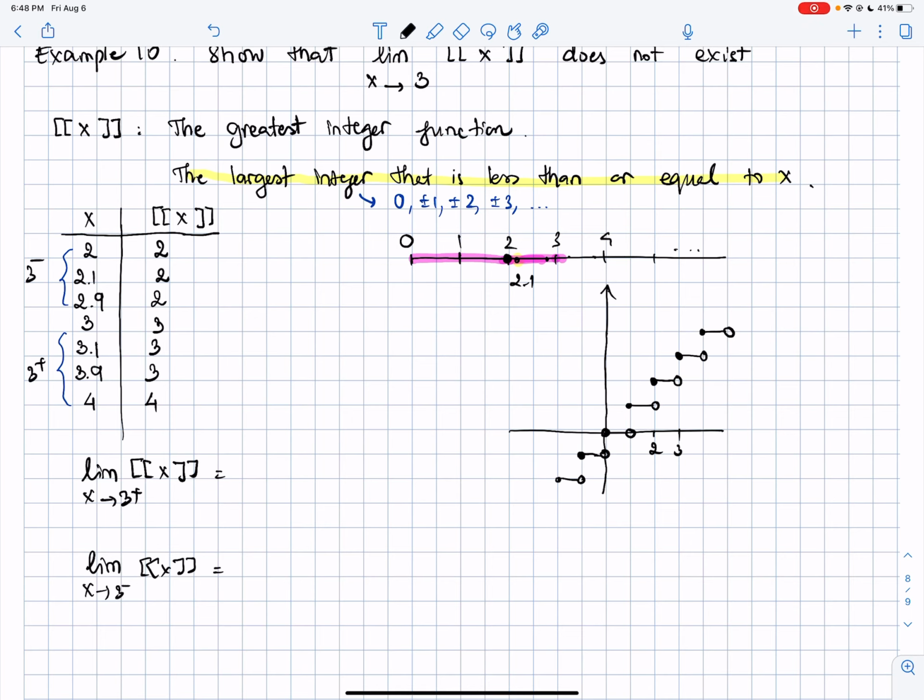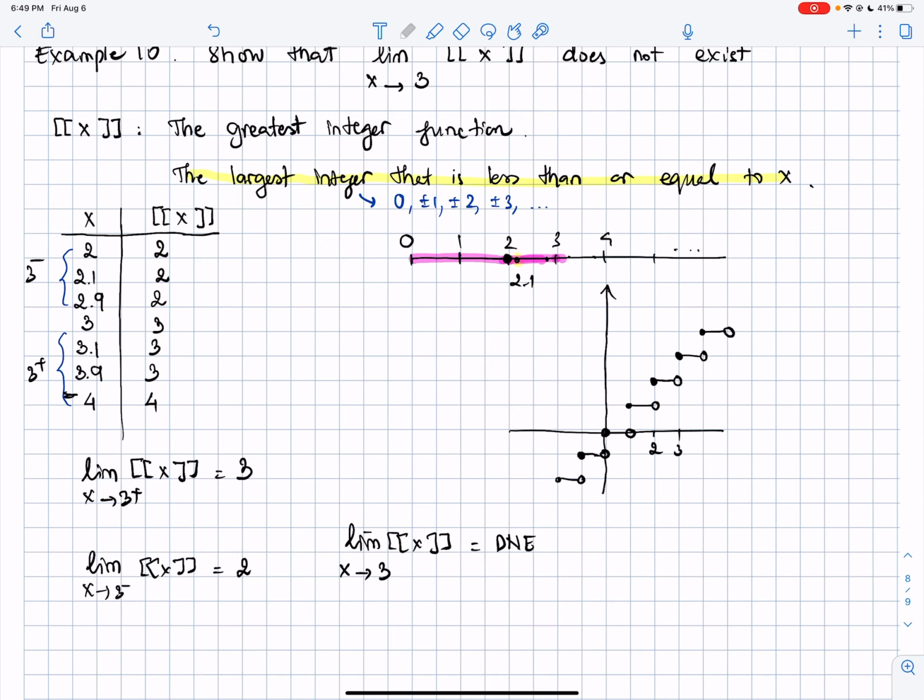When we have 3 minus, we get 2, and when x approaches 3 from the right side, we get 3. So the limit of the radius integer function does not exist because they are not equal to each other.